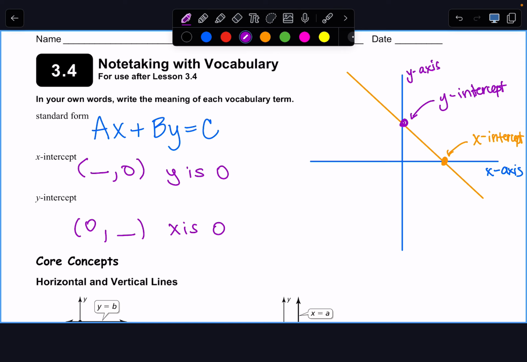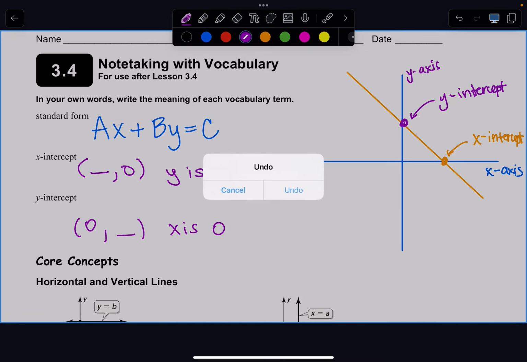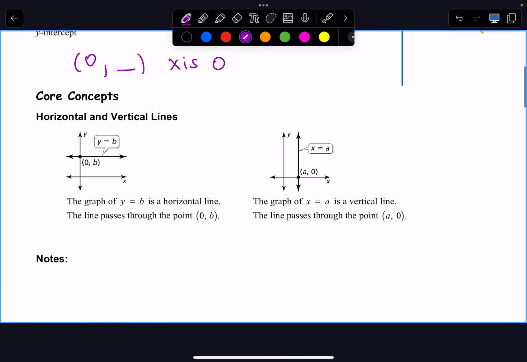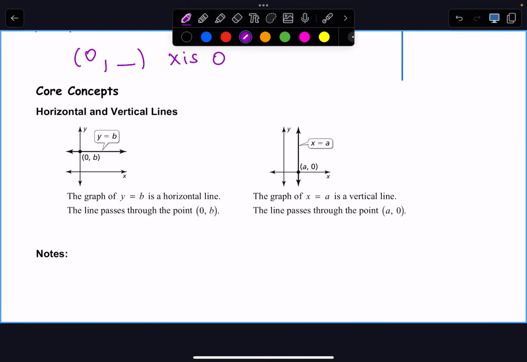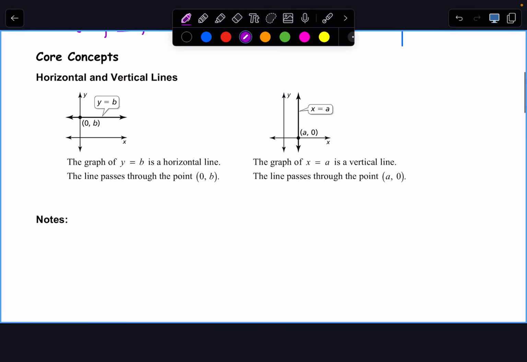Now, before we start working with lines that have both an x and a y intercept, I want to talk about lines that are vertical and horizontal. If I have a horizontal line, then its equation is going to be y equals some number b.